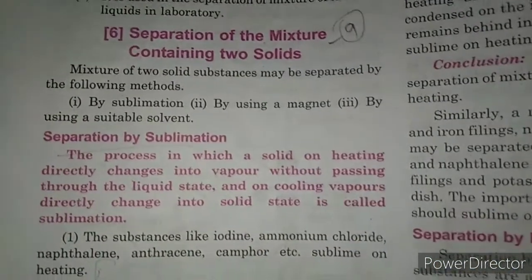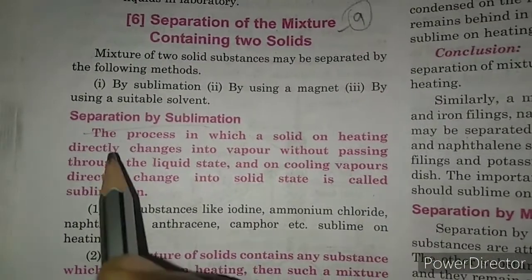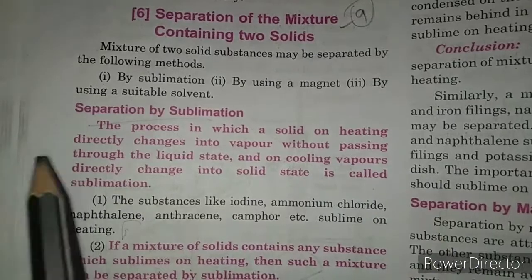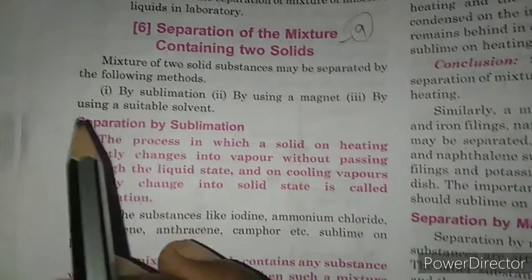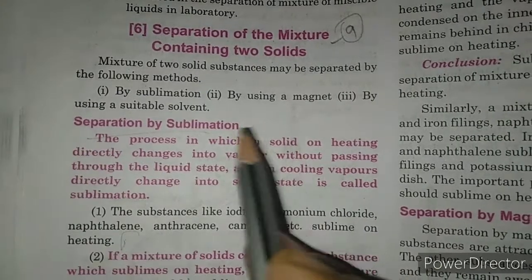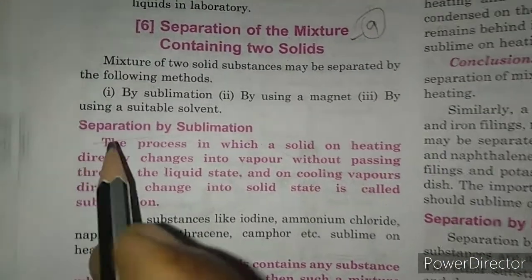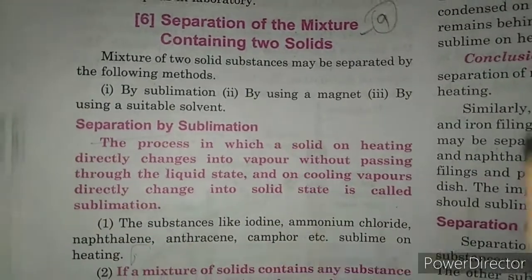Your heading will be separating mixture of two solids. After that, you will write there are many methods to separate a mixture of two solids, and after that you will write your first heading, separation by sublimation.